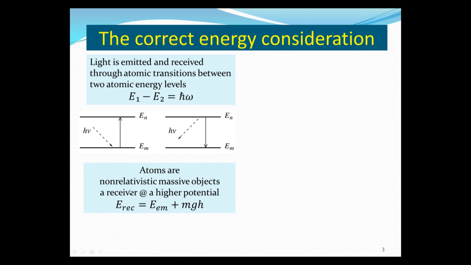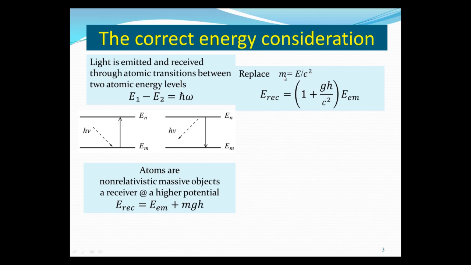So a receiver sitting at a higher gravitational potential will have energy levels different from the emitter's by mgh, where h is the height difference, g the gravitational acceleration, and m is the atomic mass, which can be treated as gravitational mass.